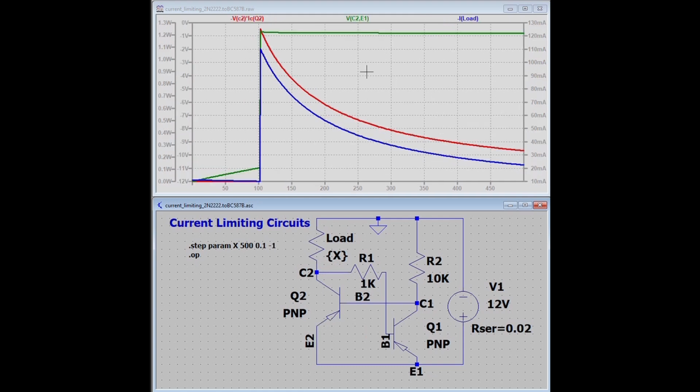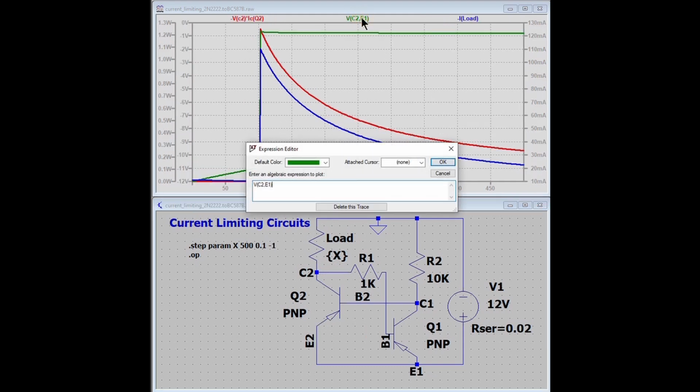For the transistor, we draw the green chart. Again, it is inverted, so we change the sign.